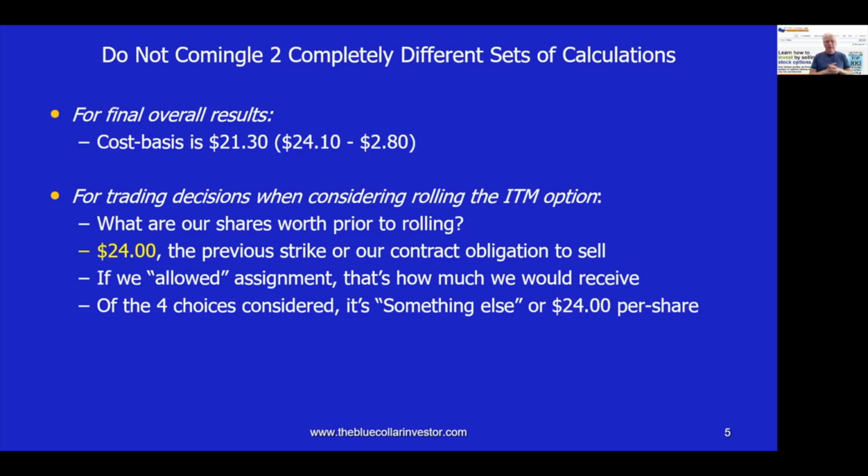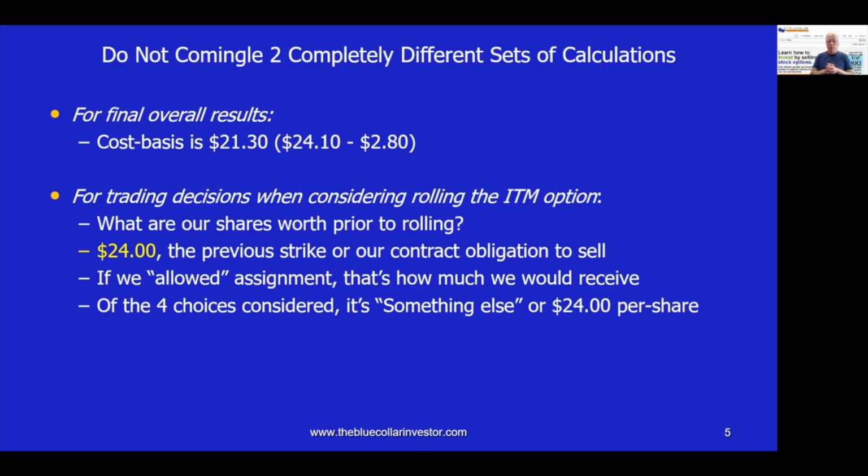As long as that option is in place, our shares can be worth no more than $24, even though it's currently trading at 26.10. If we allowed assignment, how much would we get? $24.